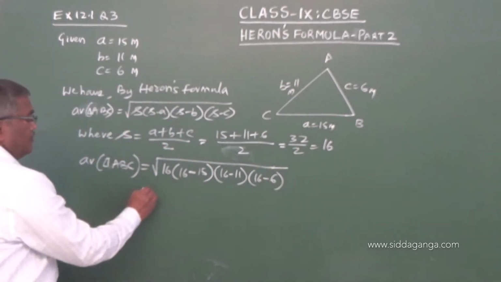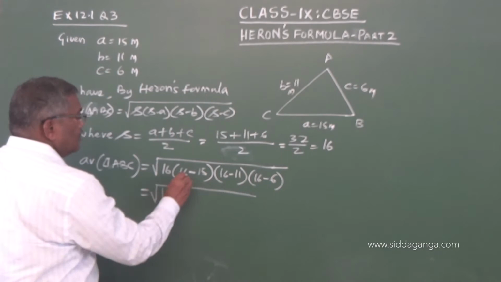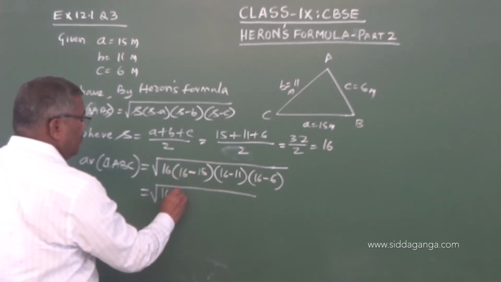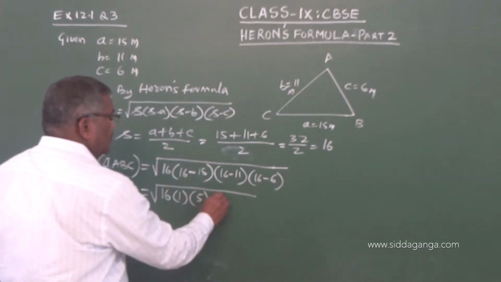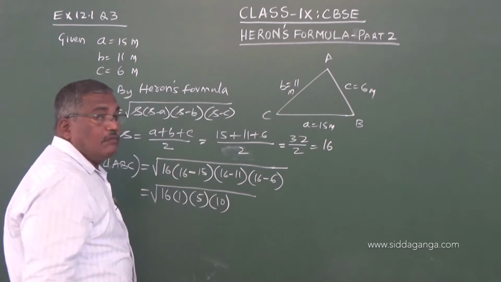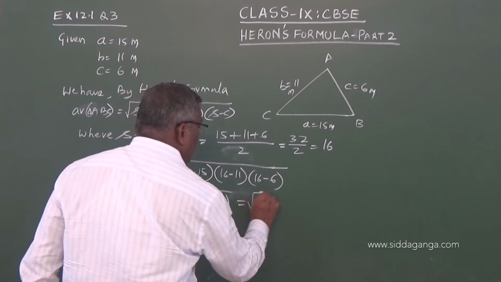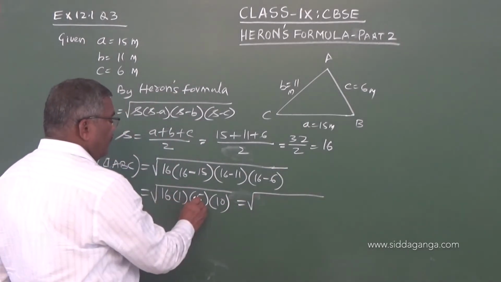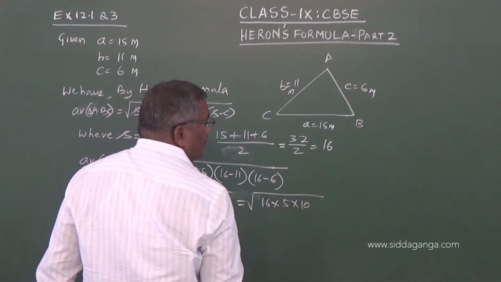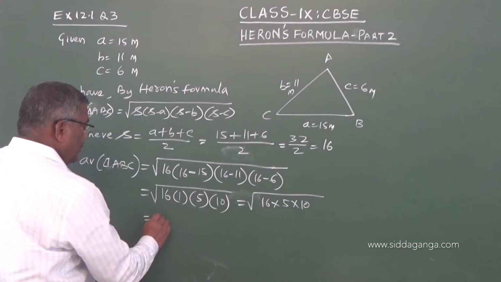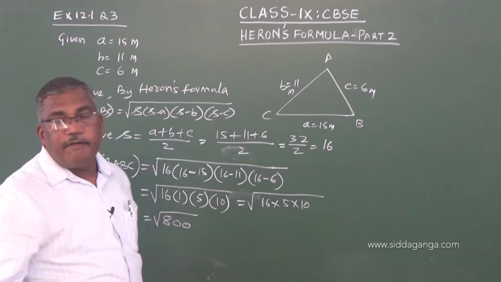Now this works out to be 16 into, 16 minus 15 is 1, and 16 minus 11 is 5 and 16 minus 6 is 10. Now this is equal to 16 into 5 into 10. So this equals square root of 800.